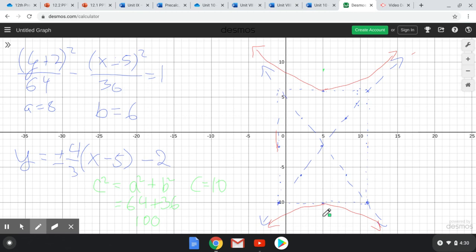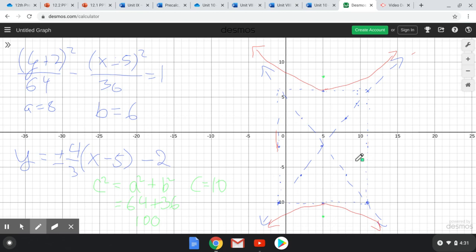Nope. Yeah. Nope. Here is 10. This is 10. And this is 10. Sorry about that. I'll erase the one that's wrong. Okay. So the red part is the hyperbola, and the green parts are the foci. And I am so sorry for graphing that whole thing wrong.